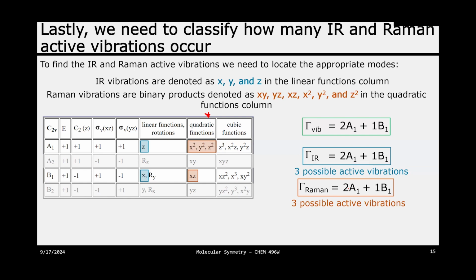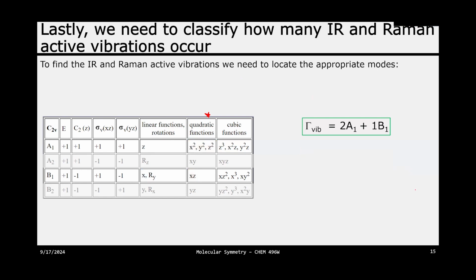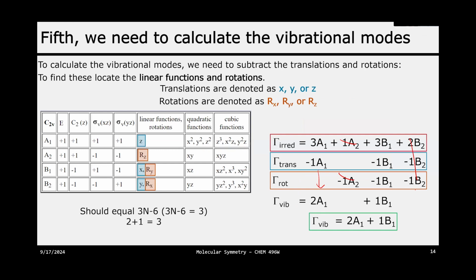Can you replicate this on a more complicated system? I think so. It just takes some time. I think the only bit that I missed was probably because I was taking notes, but what was the check for the second time you could check it? So right here, once you get your vibrational representation, we can check with that 3n minus 6 if it's a nonlinear molecule, where n is the number of atoms.